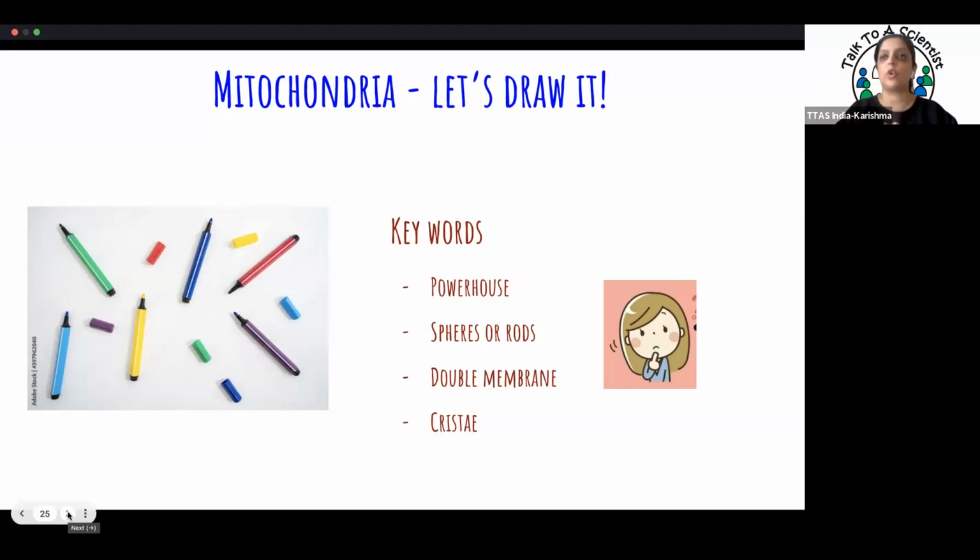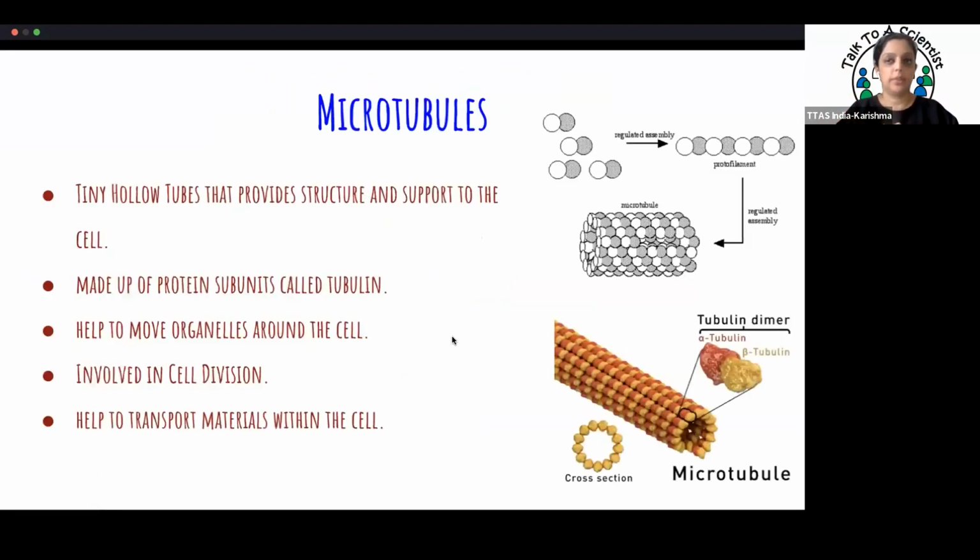Okay, now let's move to the next organelle. The next organelle is something you may not have heard about. This is rather complex. It's called microtubule. Now think about this. Have you ever seen a building under construction? Yes. Everyone has seen a building being built, right? In India, definitely.